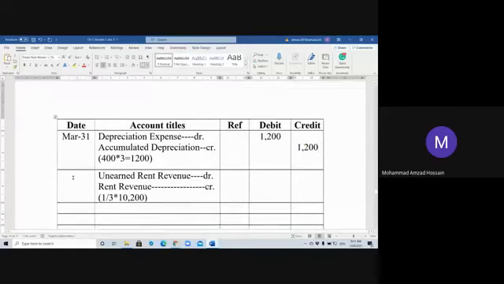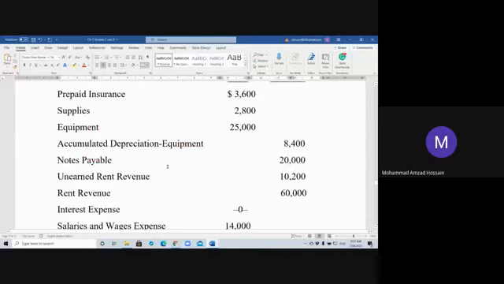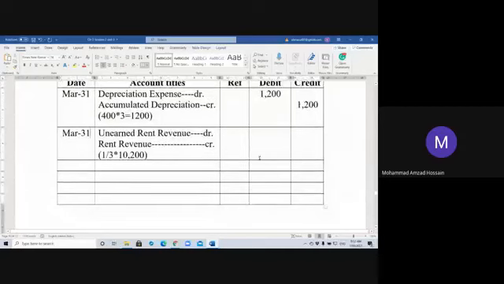Okay, and the date will be March 31. Unearned rent revenue debit and rent revenue credit. What will be the amount? One third of 10,200. So what will be the amount?